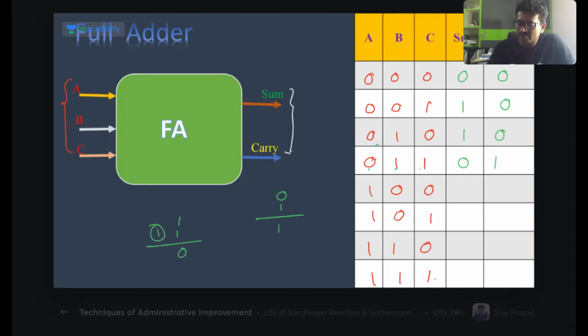Sum is 0, carry is 1. Sum is 1, carry 0. Here 0, 1 plus 0, sum is 1. So 1 1, again sum 0 carry 1. Sum 0 carry 1. Sum 1 carry 1.